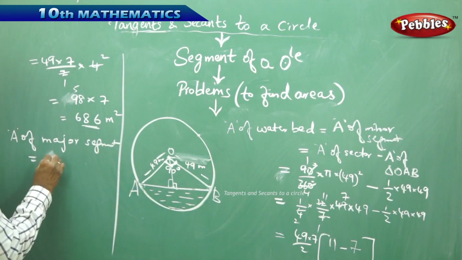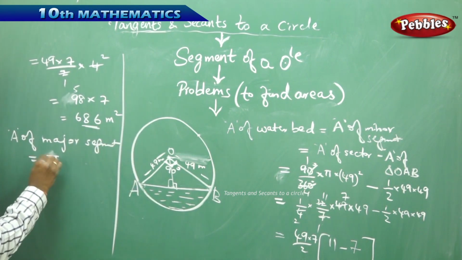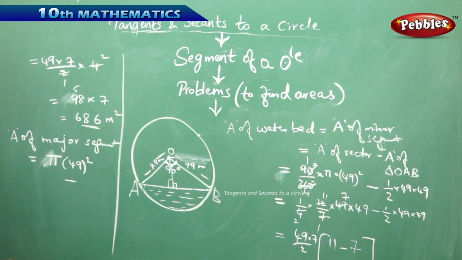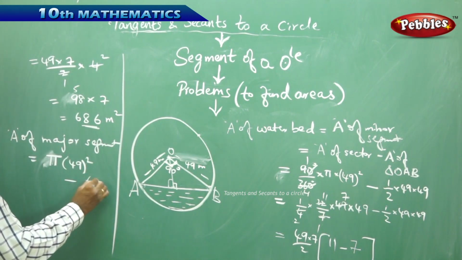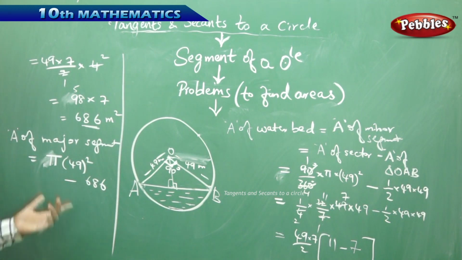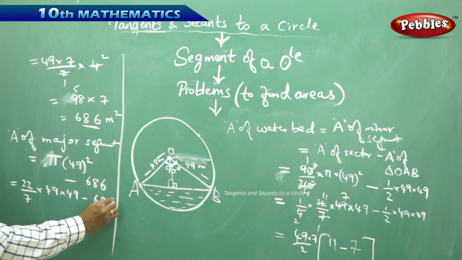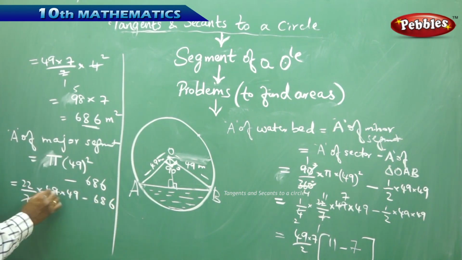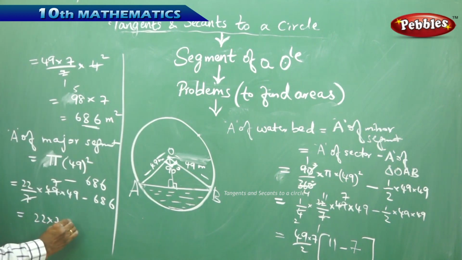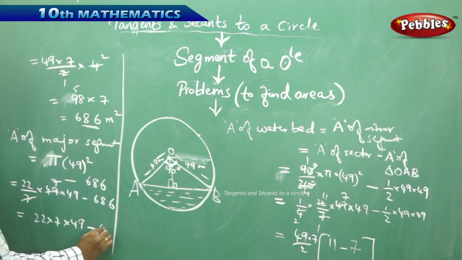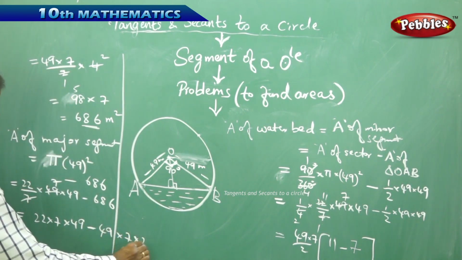The area of the circle is pi r square, which is clearly pi times r square, minus the area of this, which is 686. This on simplification gives 22 by 7 times 49 into 49 minus 686, which gives 7 sevens. Therefore, 686 is written indirectly as 49 times 7 times 2.